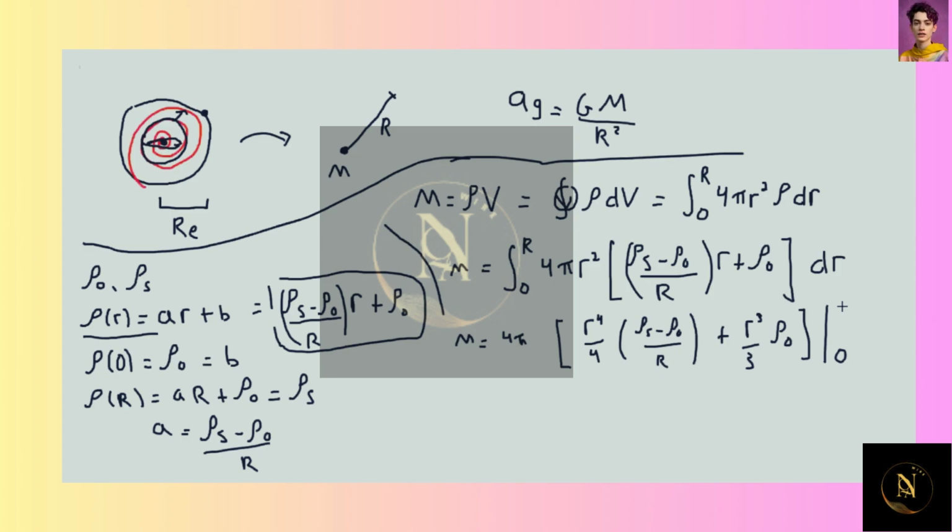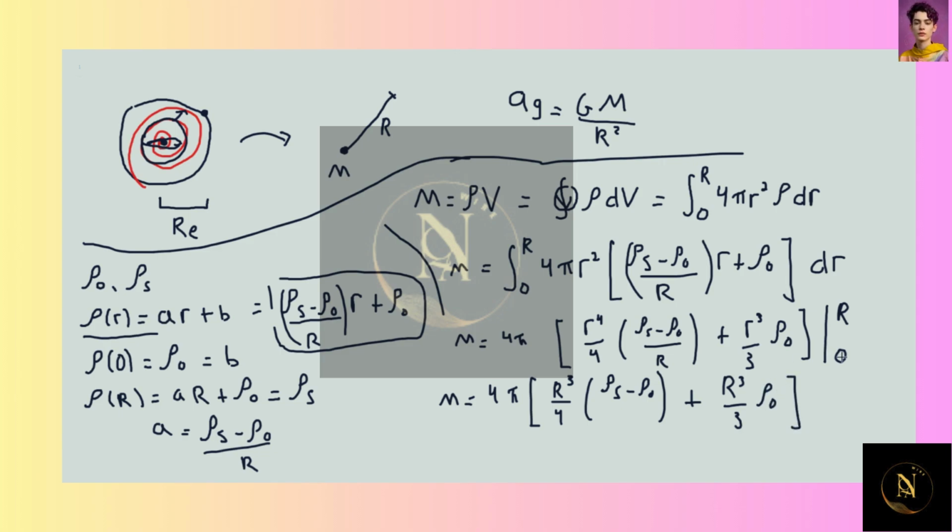So our mass then is 4 pi, and then we plug in R over here, so we'll have capital R to the fourth over 4, and then divided by R. So that then should be R to the third over 4 times rho s minus rho naught. And then we have plus just R to the third over 3 times rho naught.